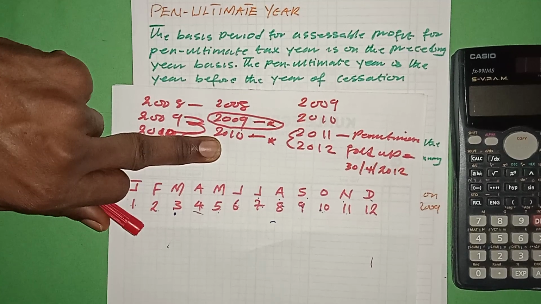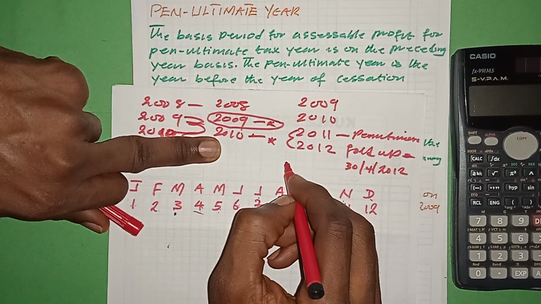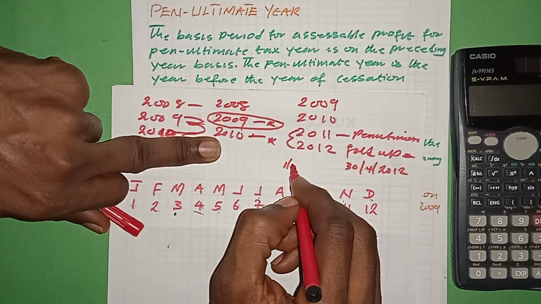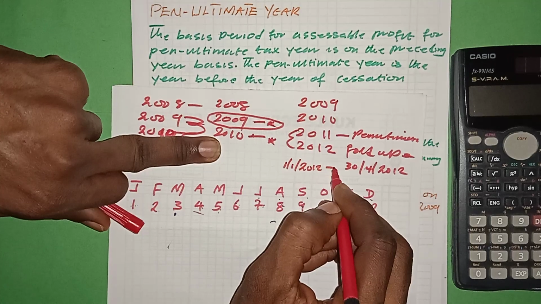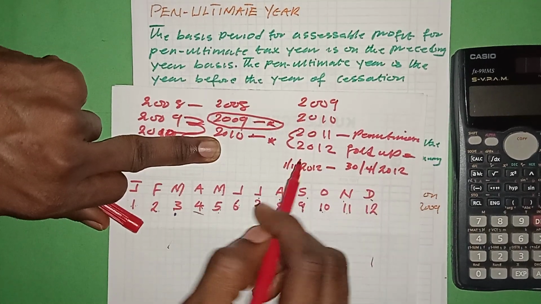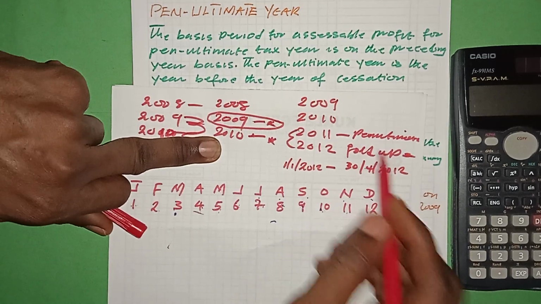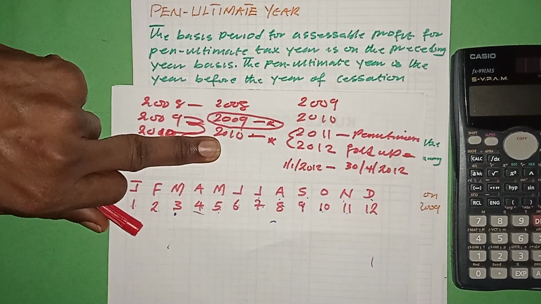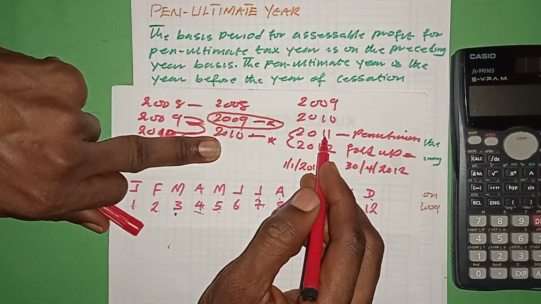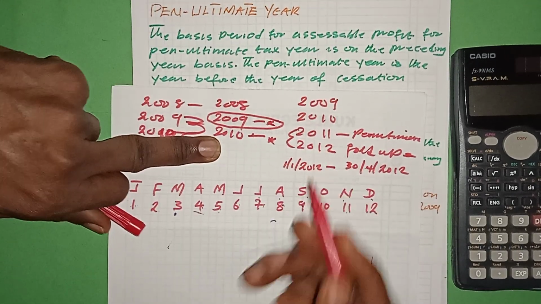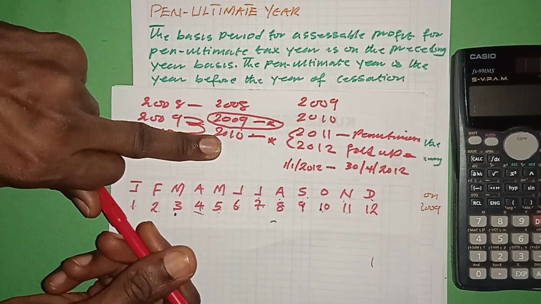The law is saying that we should assess it from 1st January 2012 to the end of the cessation for this year. But for the penultimate year, it's going to follow a preceding year basis, which is 2011. We will now assess 2010, because it's on a preceding year basis. I hope you understand.